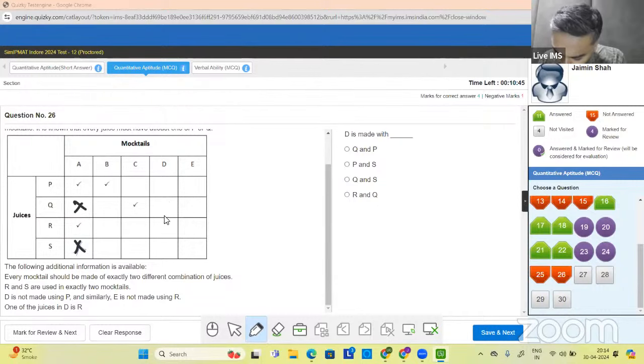D is not made using P, and E is not made using R. One of the juices in D is R, तो ये क्रॉस हो गया था. करेक्ट. Now if I say that, ये दो ही पॉसिबिलिटी है T के लिए.